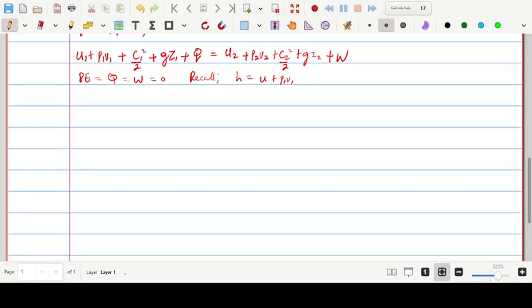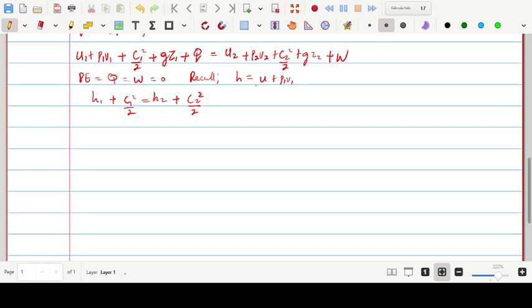So I can now substitute for this. I can take it to be H1 plus C1 squared over 2. This one becomes 0, this one becomes 0. Then this one becomes H2, then C2 squared over 2. Then all this becomes 0.